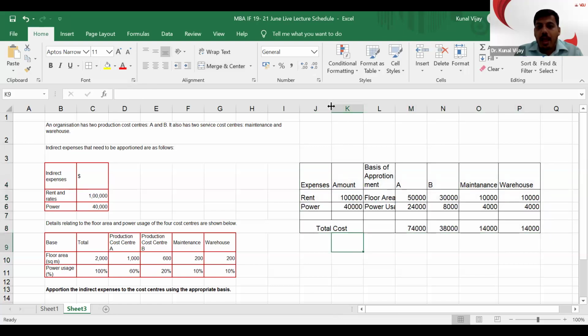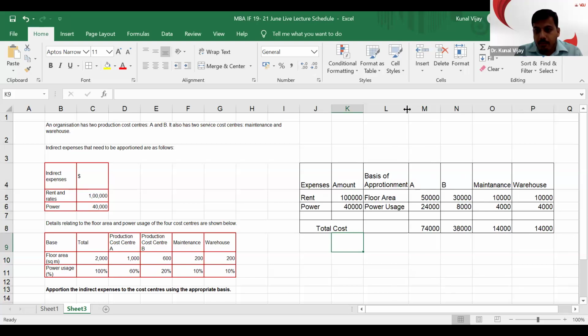What I did was apportion my common expenditure between all the cost centers. My common expenditures were 1 lakh and 40,000, which I divided between all the cost centers.